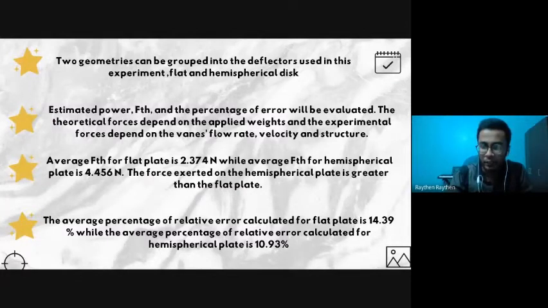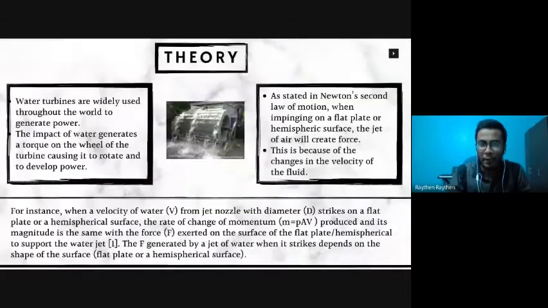In addition, the average percentage of relative error calculated for the flat plate is 14.39%, while for the hemispherical plate it is 10.93%. The percentage of relative error for both flat and hemispherical plates shows fluctuation. Next, for the theory part, I pass it to Antasha.